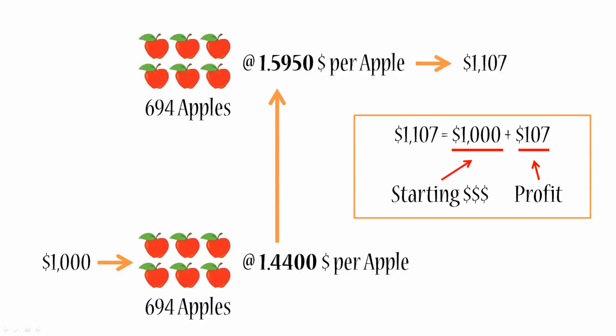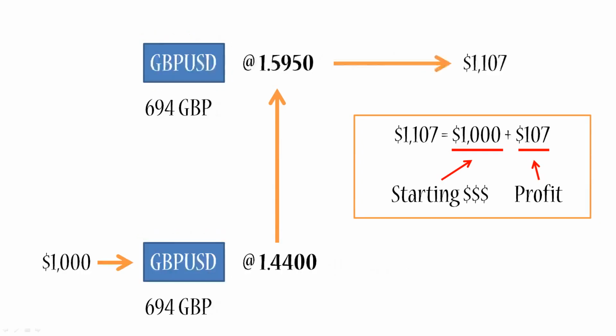Now moving back to the British pound, we can see that nothing changes if we replace apples back with the British pound. The trader invested $1,000 into the British pound. He got 694 pounds. Then he sold them at a higher price, got $1,107 back, and that is his profit, $107. So he got his 1,000 back, and he's got $107 extra on top of that. So in Forex, the first transaction is called buying.